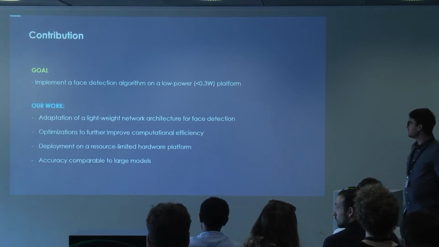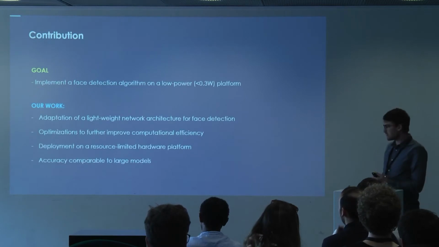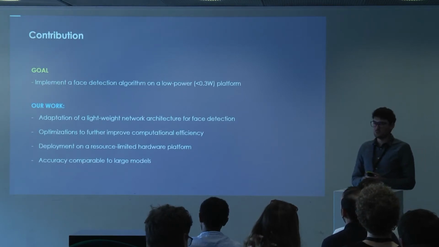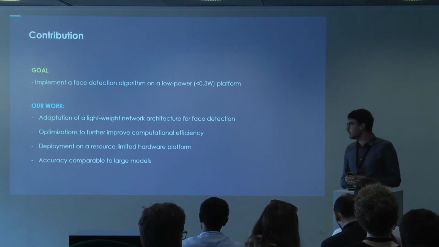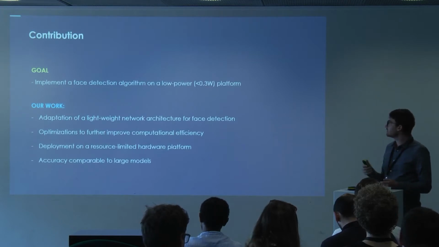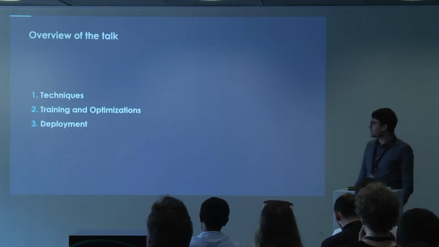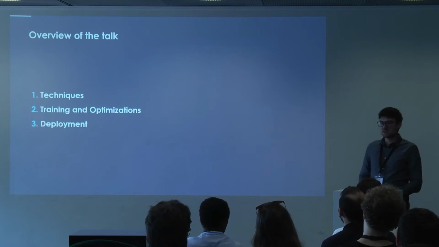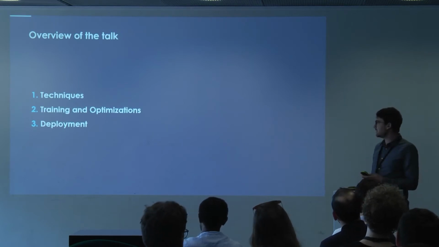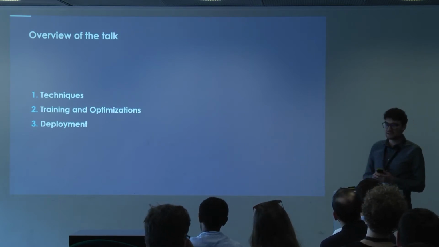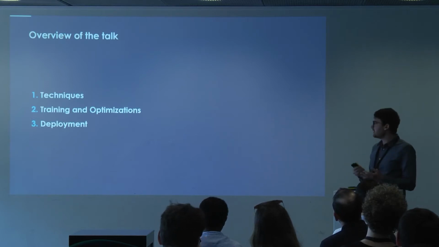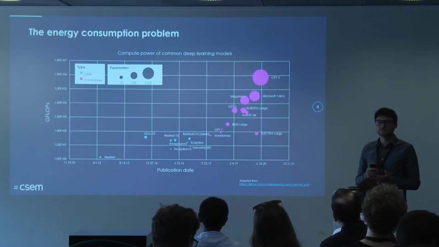Then we deployed it on the low-power platform, and we got an accuracy that is comparable to large models. In this talk, I will present the techniques used in edge devices and face detection. Then I will present the training and optimization we selected for our model, and finally, the deployment pipeline.